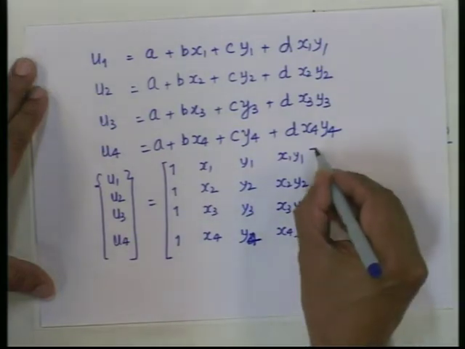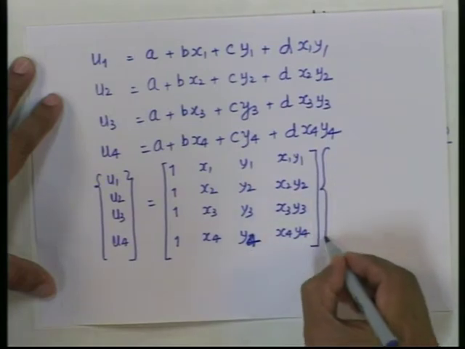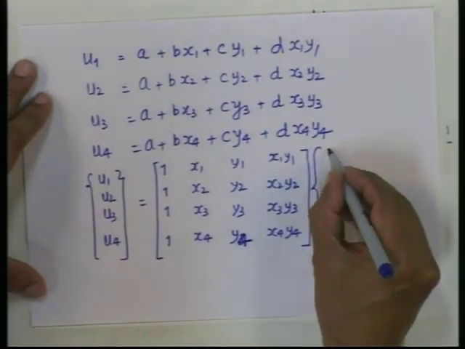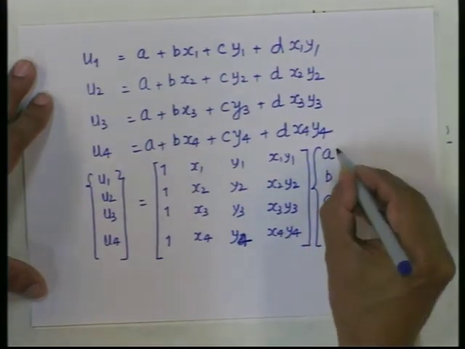So this is the classical way of finding out these undetermined coefficients or constants multiplied by a, b, c and d.